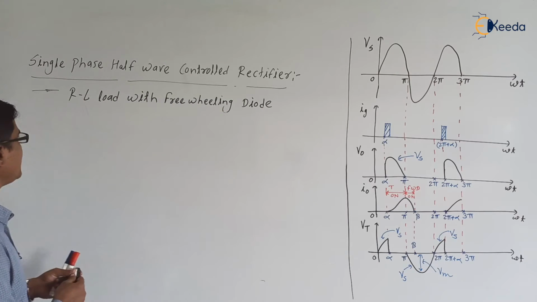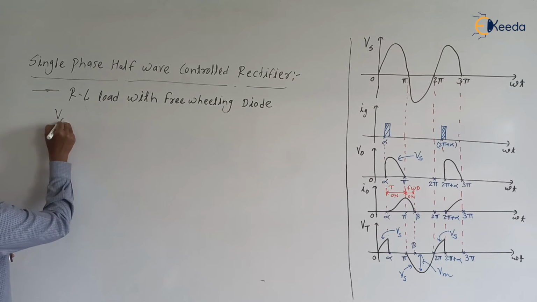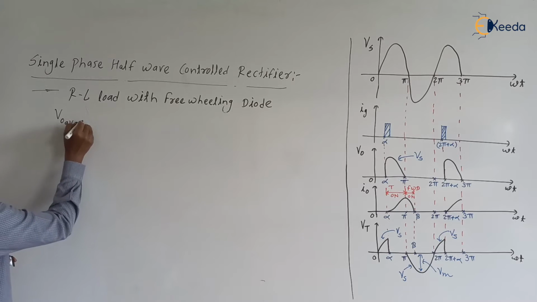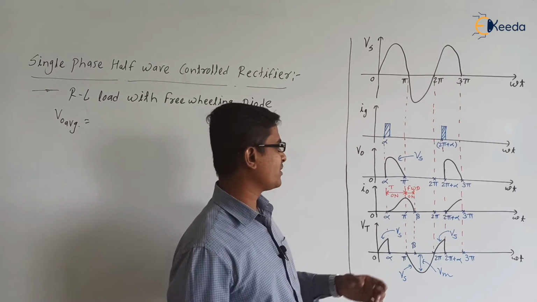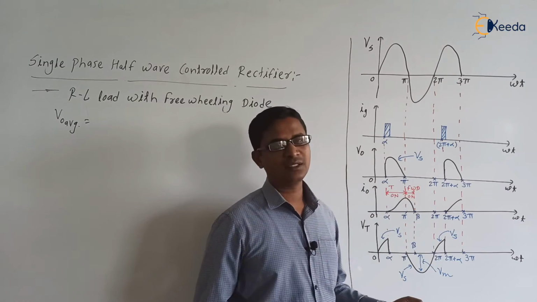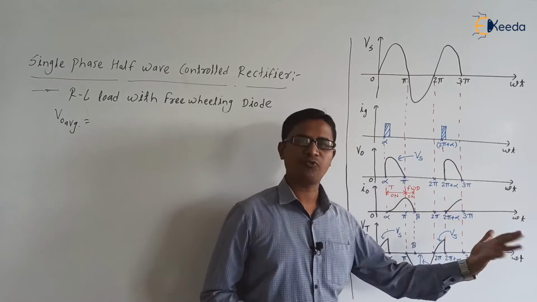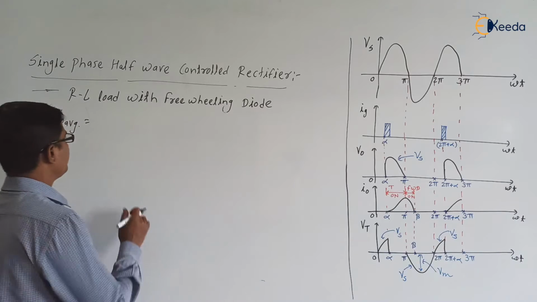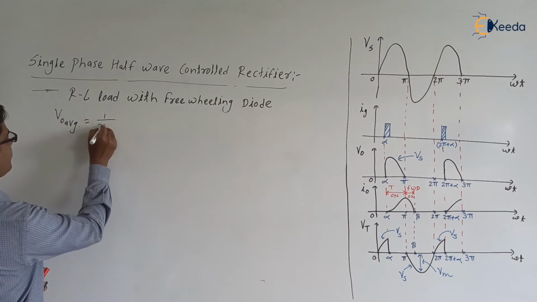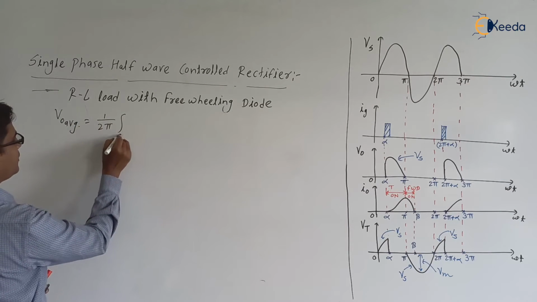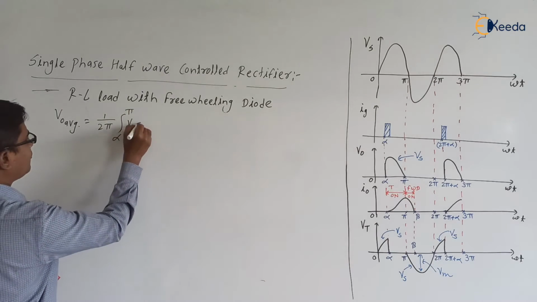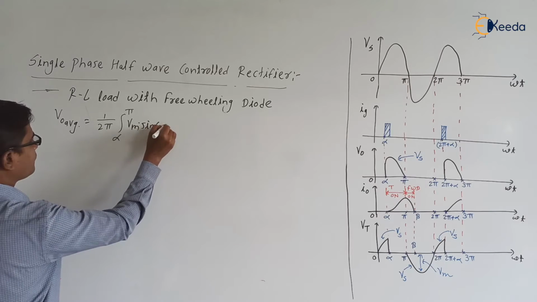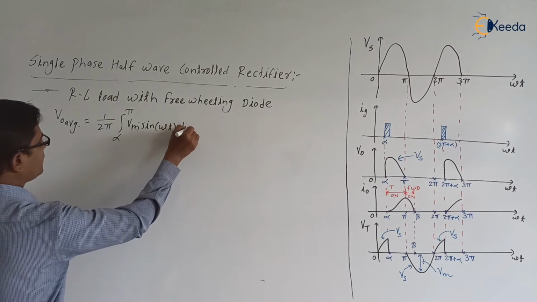First, V0 average, that is the average value of output voltage. If you check the V0 waveform, the periodic angle is 2 pi, the same waveform repeating from 2 pi to 4 pi. So it is 1 by 2 pi integration from alpha to pi of Vm sin omega t d omega t.